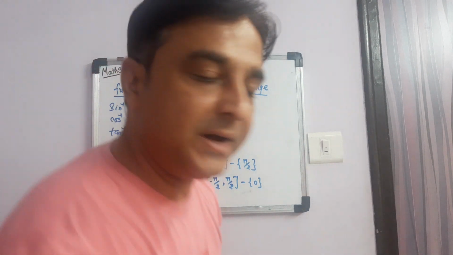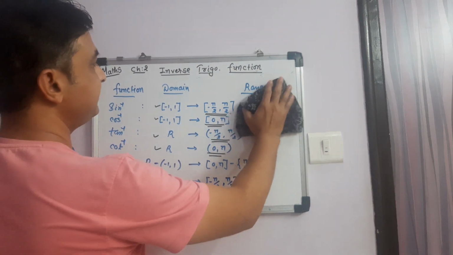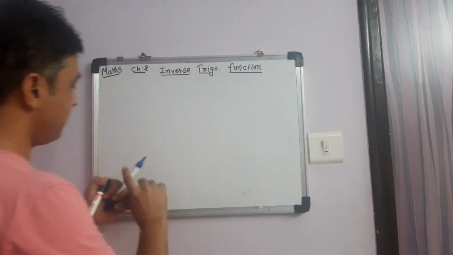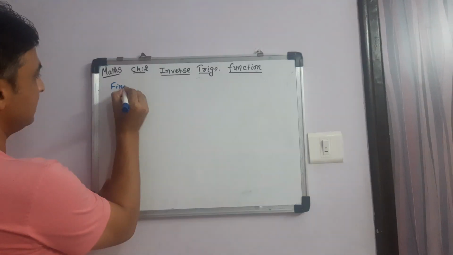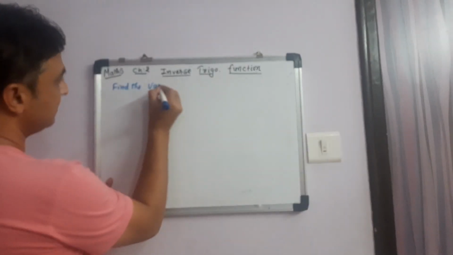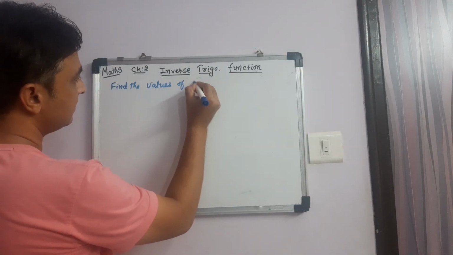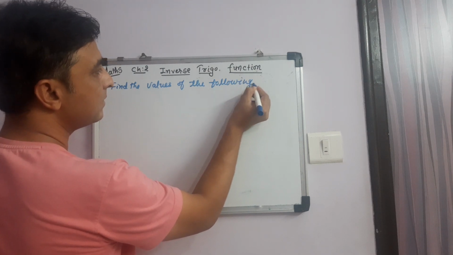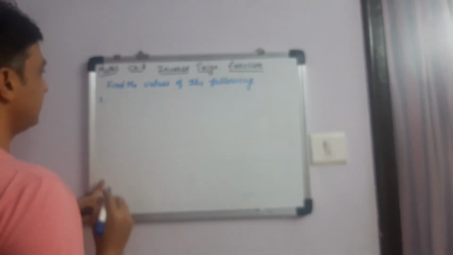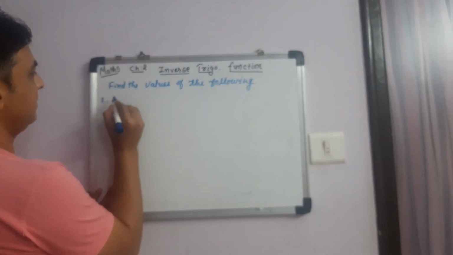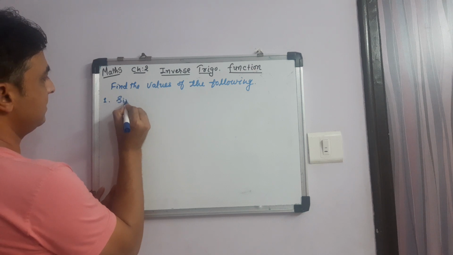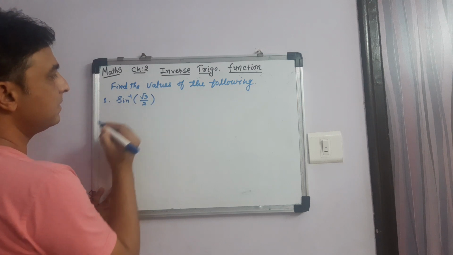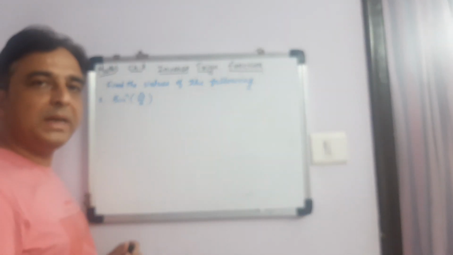Now, how can we find the values? Sine inverse root 3 by 2.